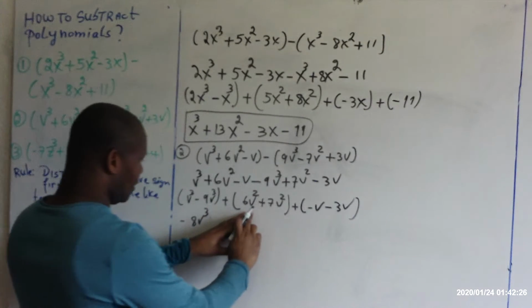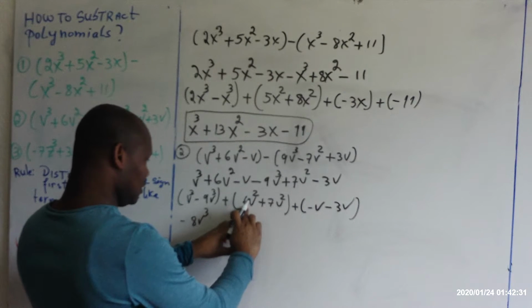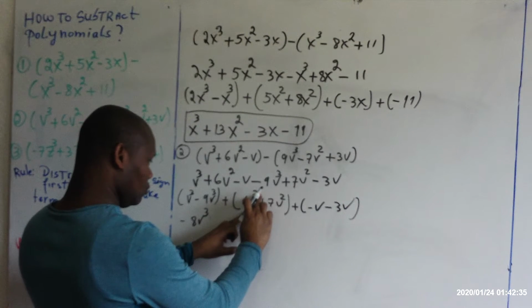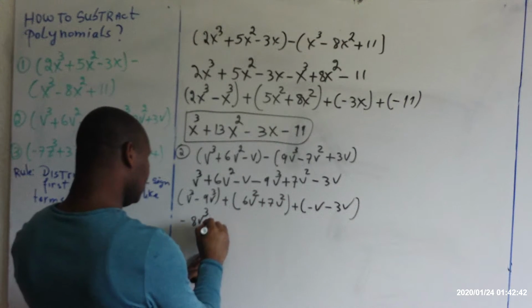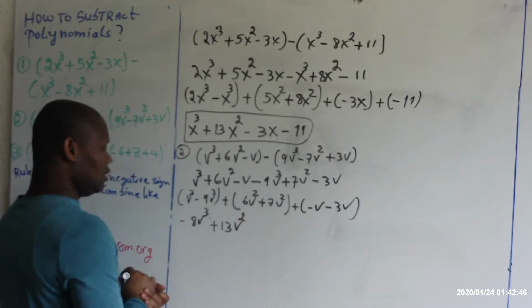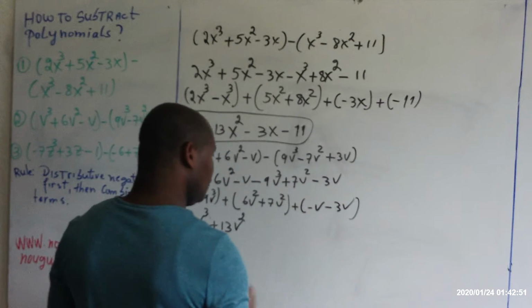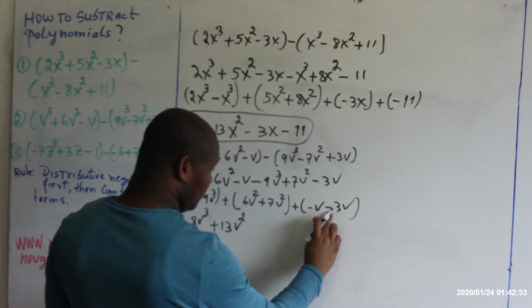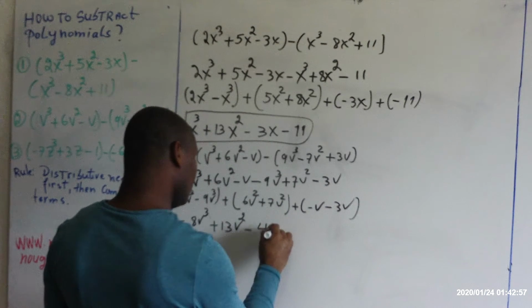Okay, now we are with the square now. 6v squared add to 7v squared. That's 13v squared. Okay, 13v squared. So now we are on v, negative v minus 3v. That's going to be negative 4v.